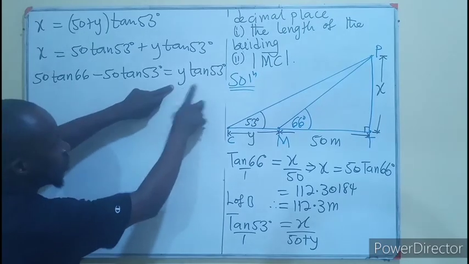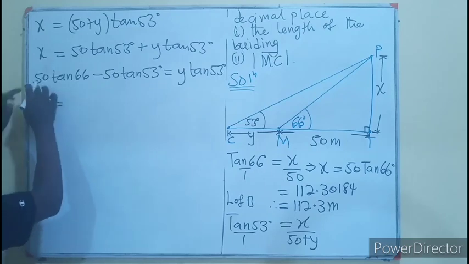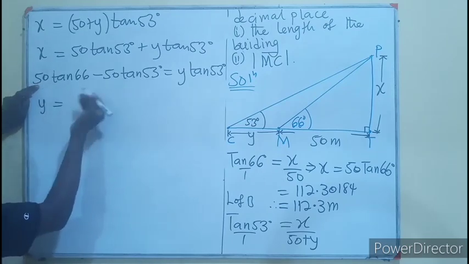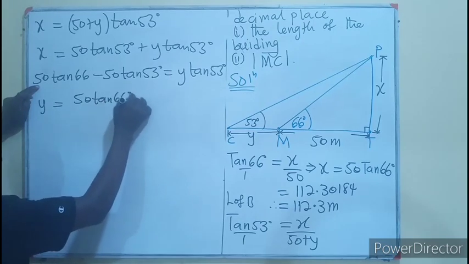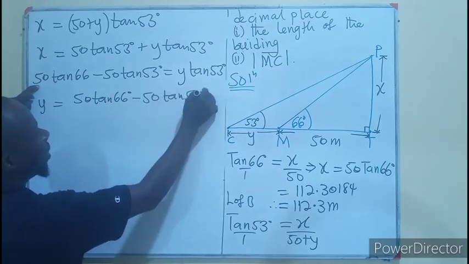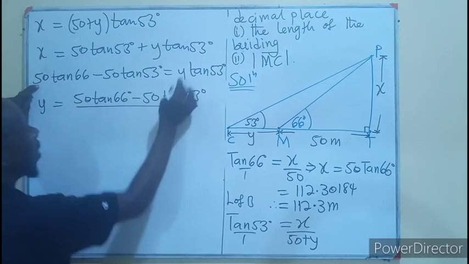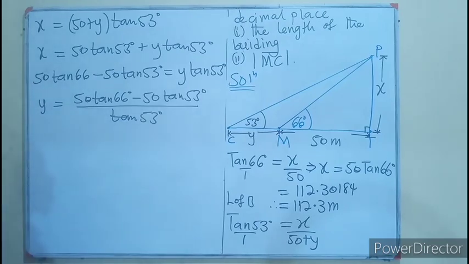Attention is on the Y, so we can divide by this. So Y is now going to be the whole of this, which will be 50 times tan 66 degrees minus 50 times tan 53 degrees all over tan 53 degrees.